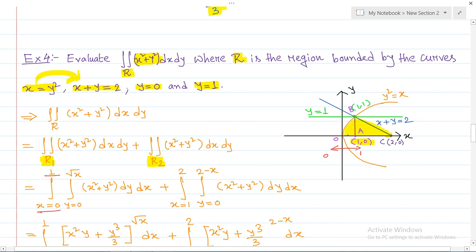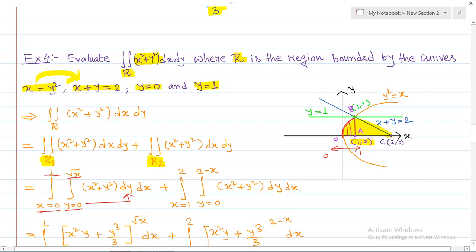Same thing, we draw a perpendicular from the x-axis to the upper curve. On the x-axis the value of y is 0. On the upper curve, what is the value of y? y equals root x. So y will vary from 0 to root x. This will be inside, so first we perform the integration with respect to dy, then with respect to dx.